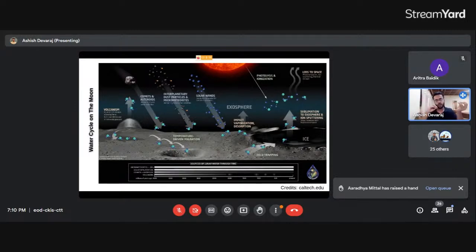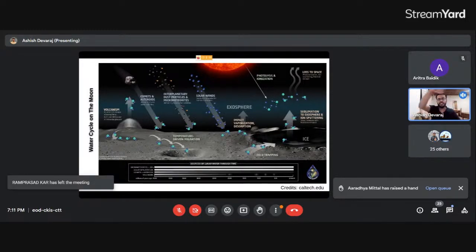But there are some water molecules which remain on the surface. They have enough energy to move around the lunar surface. That is shown here as thermal temperature driven migration. What happens is very interesting. Once the temperature rises, the water molecules get enough energy to be released from the surface, and because of gravity they fall at some different location.